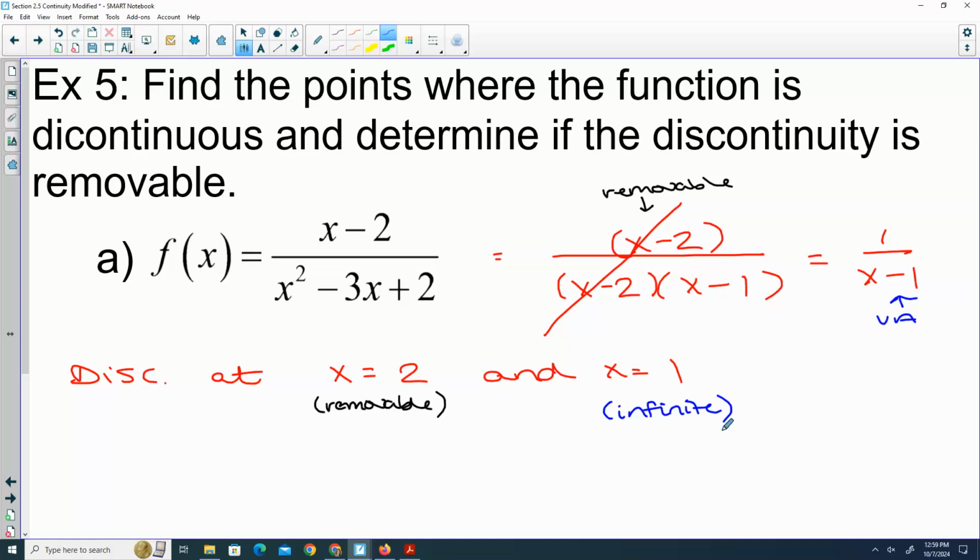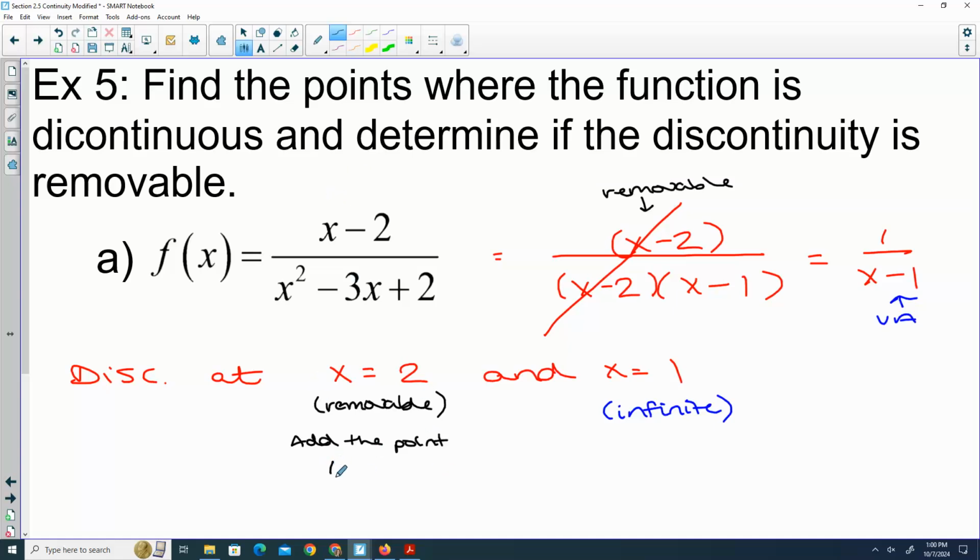So, if I asked you how I would fix this, we said it's removable. If I wanted to fix it, we would just have to add the point. So it's basically filling in the hole on the graph.